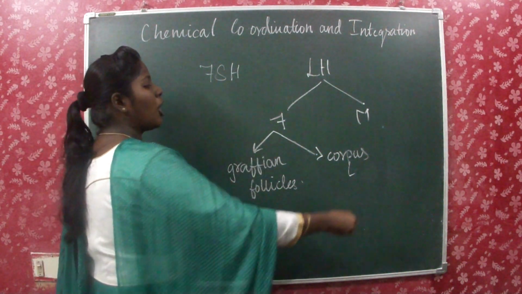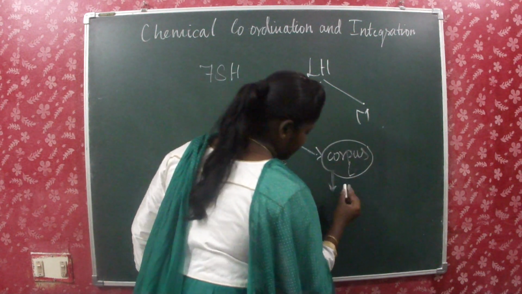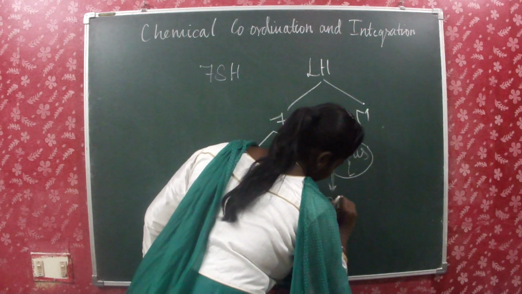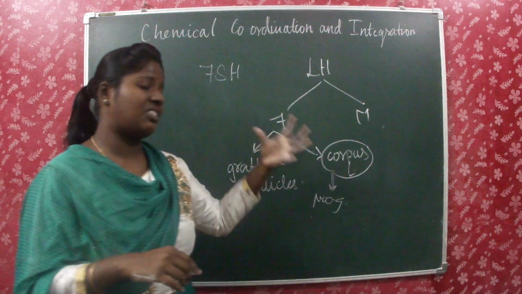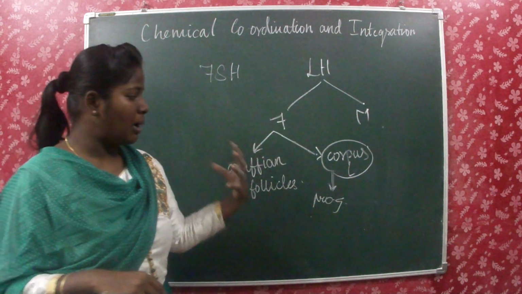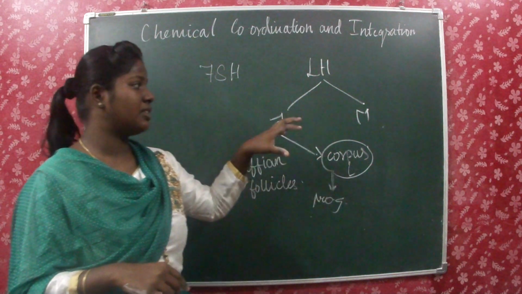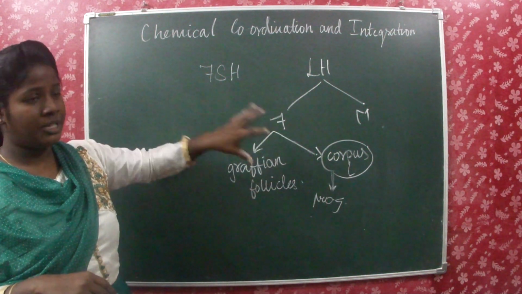So this corpus luteum is where the secretion of progesterone takes place. The secretion of progesterone by the corpus luteum, and the formation of this corpus luteum, is maintained by the LH in females.